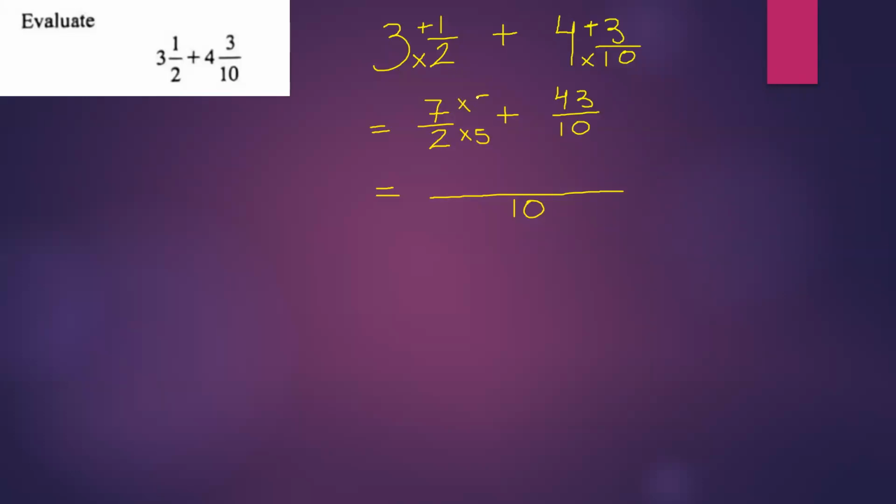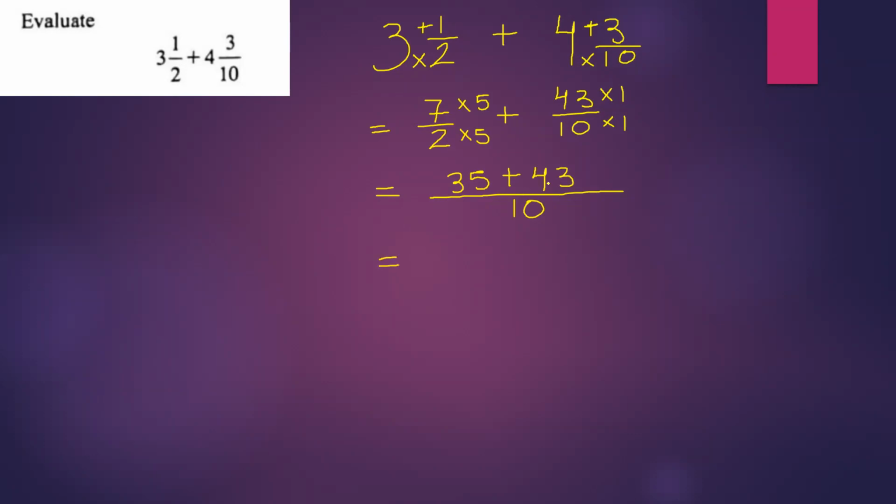Whatever we do to the bottom, we must do to the top. 2 times 5 is 10, and 7 times 5 is 35. Plus 43 over 10: what times 10 is 10? 1. So 43 times 1 is 43.